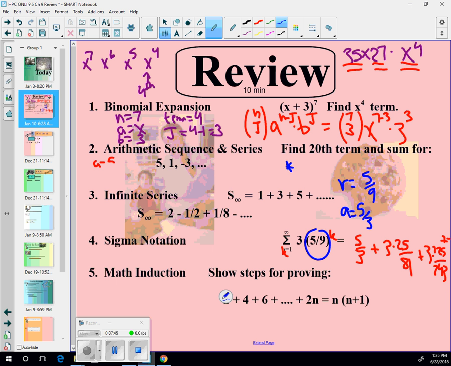It's geometric, and the ratio less than 1, so you can find the sum to infinity, a over 1 minus r. And that's going to be 5/3 over 9 minus 5, 4/9. 15/4, I think, is that sum. All right, so there's your sigma notation.